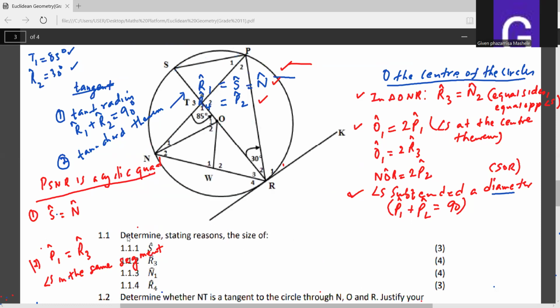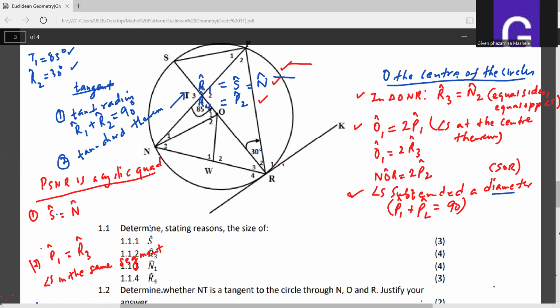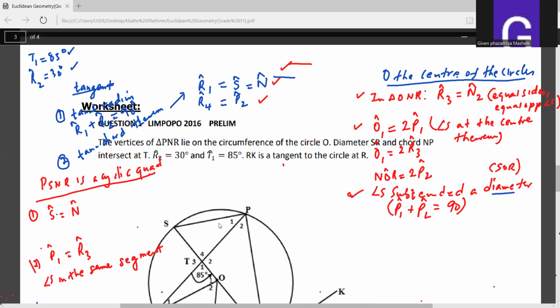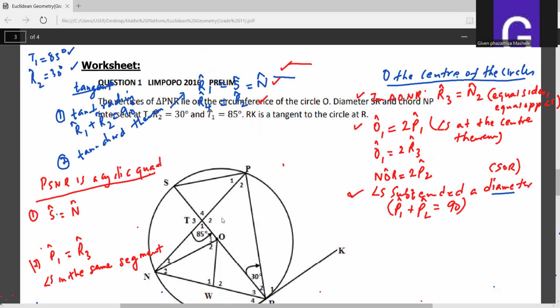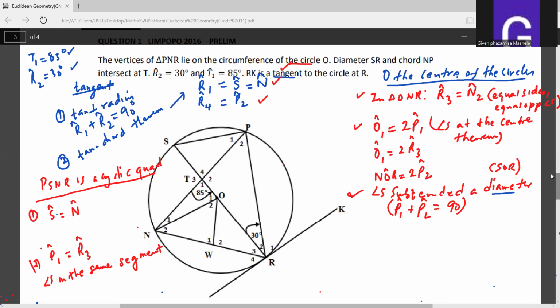It says, determine, stating reasons, the size of S. If you want to get the size of S, obviously angle S equals angle R1, according to the tan-chord theorem. So which means that to get angle S, we can get angle R1 first.